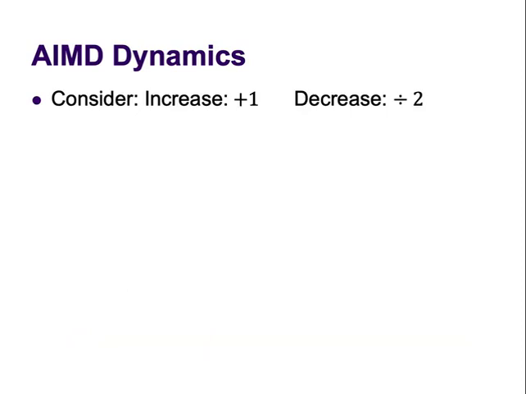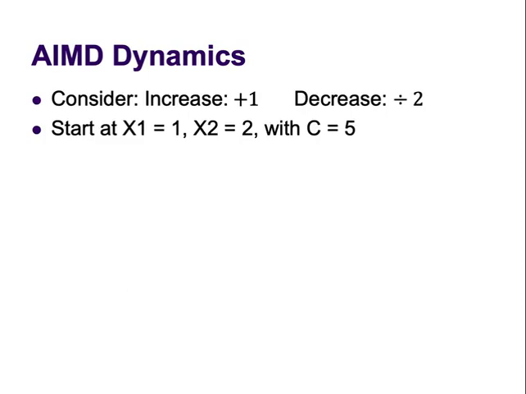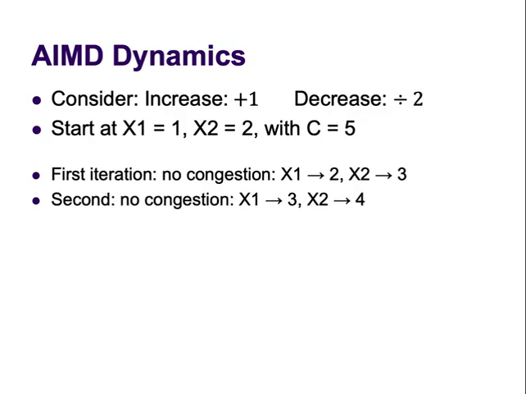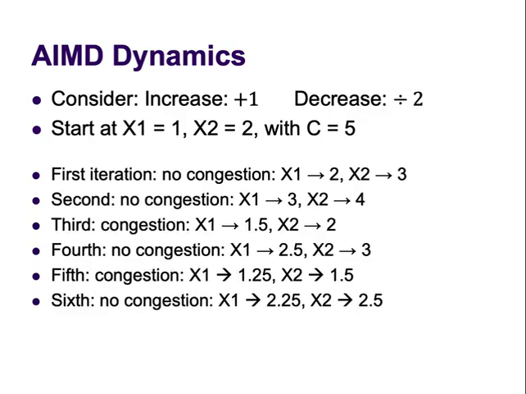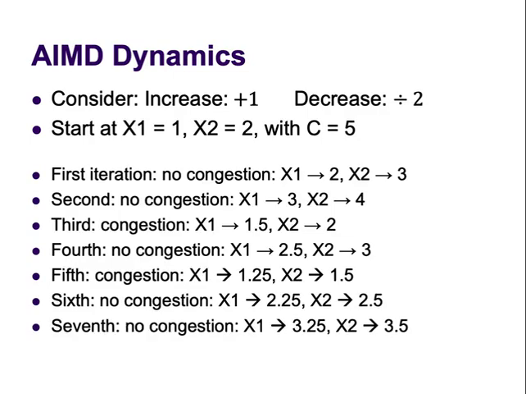Let's walk through what AIMD does. Let's consider here that you had an increase of 1 and a decrease of 2. And if we started again with the same example, x1 is 1, x2 is 2, you have a capacity of 5. I'm not going to actually step through all of these, but you can do it offline. Calculate the x1s and x2s you end up with each time.